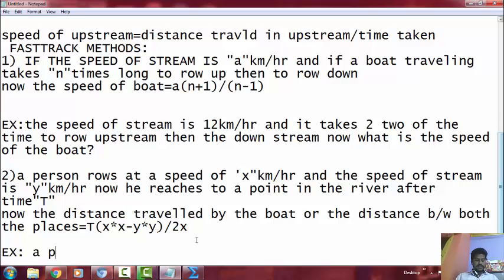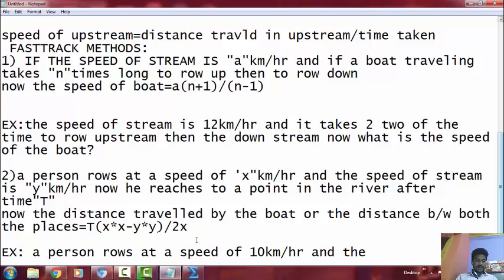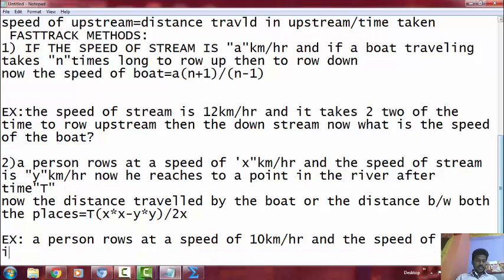Now a person rows at a speed of 10 kilometers per hour, and the speed of the stream is 5 kilometers per hour, and after 30 minutes he reaches a point.